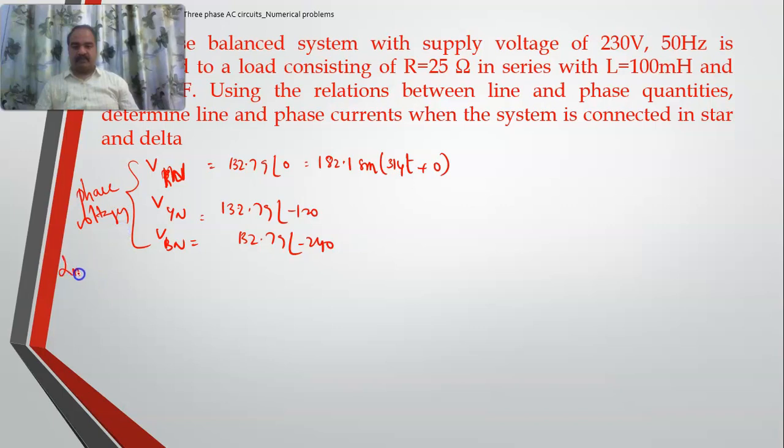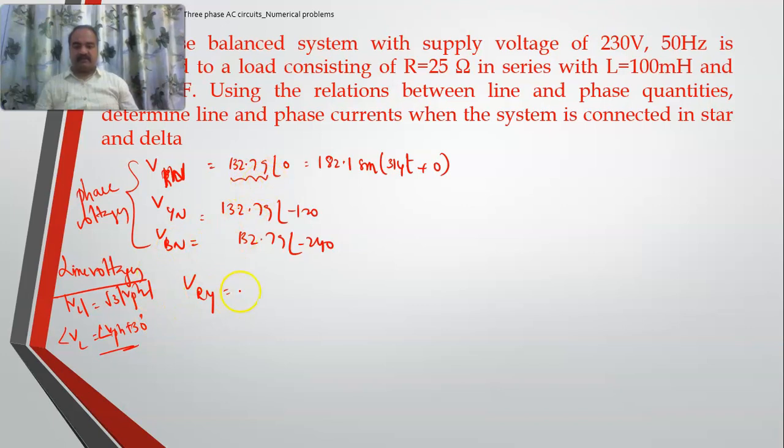Now if you want the line voltage in star connection, what you should do is VL is root 3 times V phase, and the angle is the angle of V phase plus 30. So when I write the line to line voltage in star, the magnitude must be multiplied by root 3.